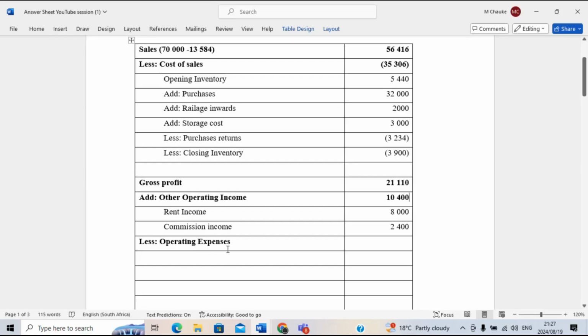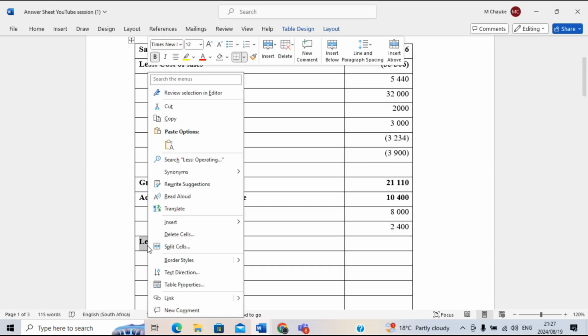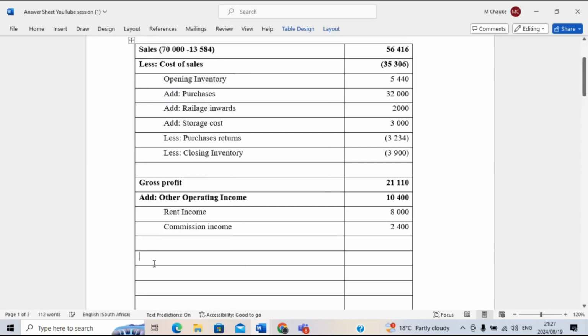So now, before I go to operating expenses, I'm gonna change something there. I'm gonna cut this one here. I want us to calculate what we call gross income.